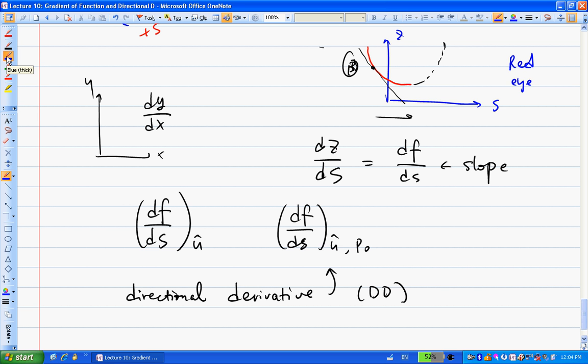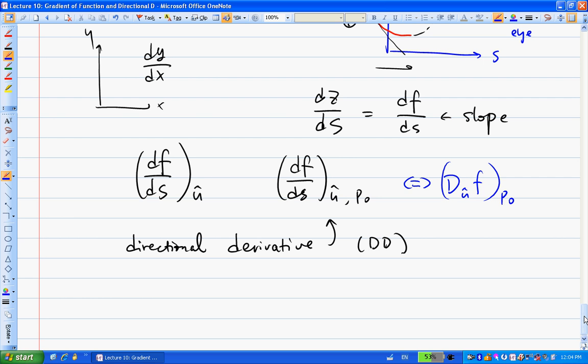It's a derivative concept, a rate of change concept, and it's a concept when you are moving along certain directions starting from point P naught. Okay, yeah, that's it. So there's another way of writing this. It's equivalent: a capital D with subscript U hat, F at a certain P naught value. That's the equivalent notation.